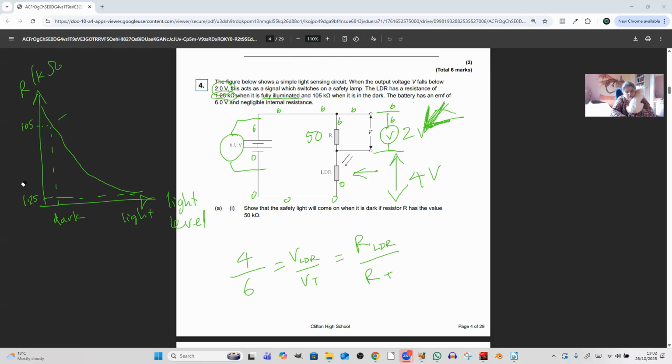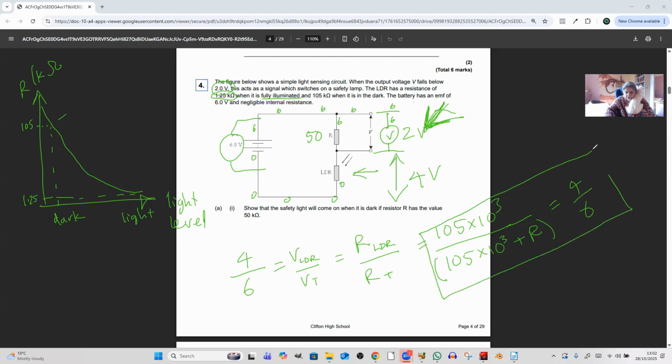Right, can you see that then is 105 times 10 to the 3 over 105 times 10 to the 3 plus R. And now, if I do it that way round, I've only got R in there once. So can you see that equation is easier to rearrange than the previous one, because I've only got my R in there once.